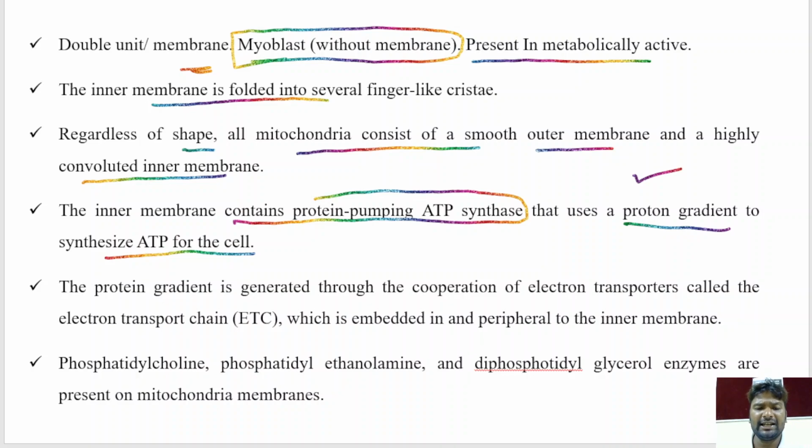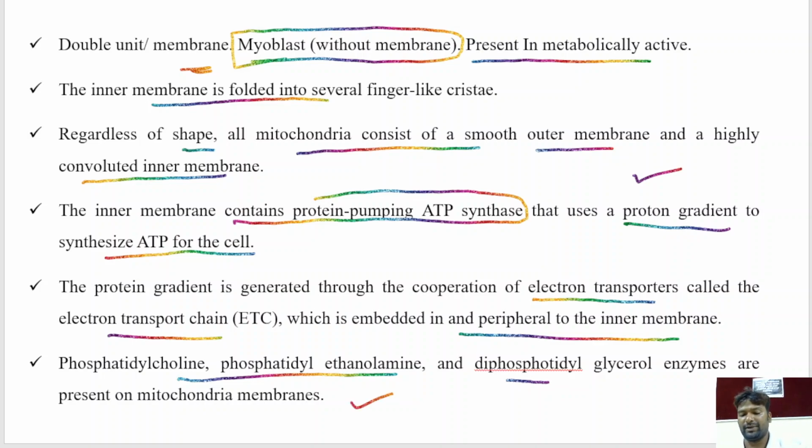And the proton gradient is generated through the cooperation of the electron transport chain, which is embedded in and peripheral to the inner membrane. Phosphatidylcholine, phosphatidylethanolamine and diphosphatidylglycerol enzymes are mainly present in the mitochondrial membrane.